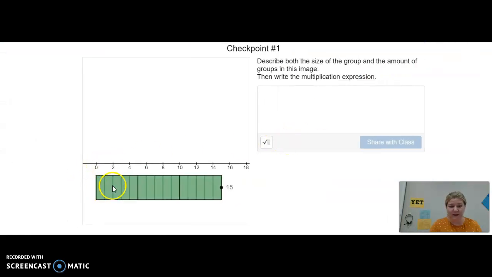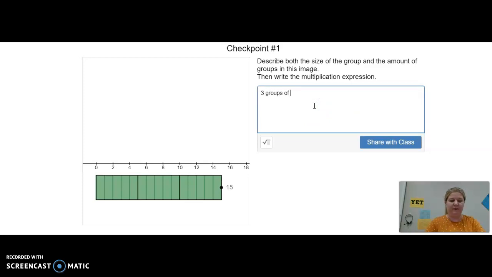So here it looks like I have 3 groups, and inside of each group, 1, 2, 3, 4, 5. So I think I have 3 groups of 5, which would be 3 times 5.